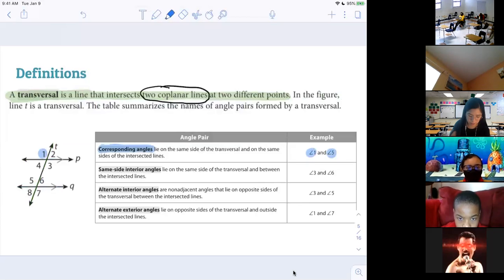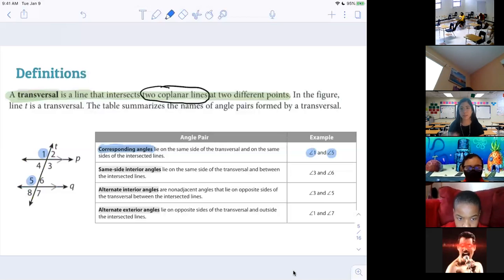So let's take a look at angle 1 and angle 5. If you kind of visualize this, you can see how angle 1, if you kind of like shift 1, 2, 3, and 4 down, they're going to fall right on top of 5, 6, 7, and 8. So when they match up, 1 matches up with 5.